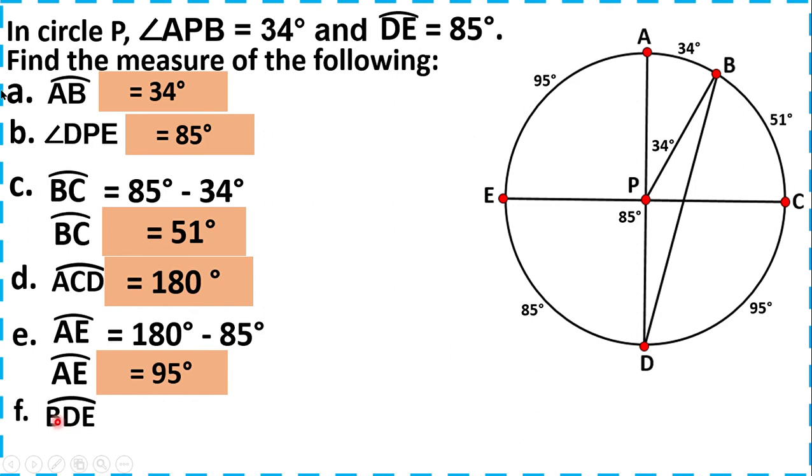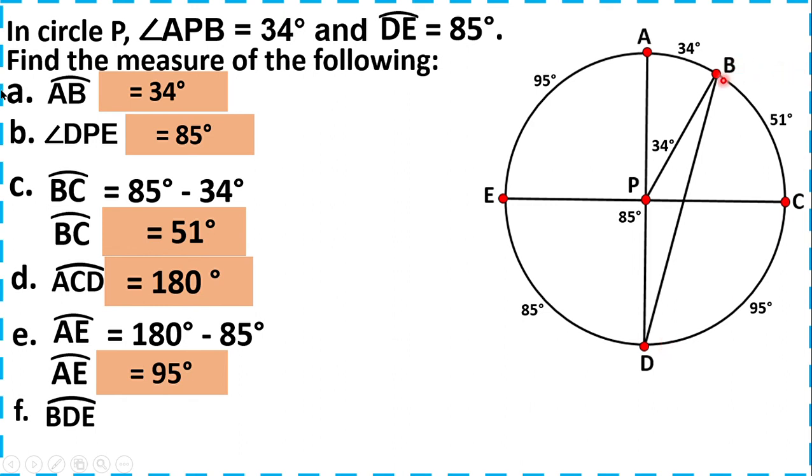Next, arc BDE. So, arc BDE, we have B, then point D to point E. So, what is the measure of arc BDE? So, arc BDE, according to arc addition postulate, this is the sum of two adjacent non-overlapping arcs.